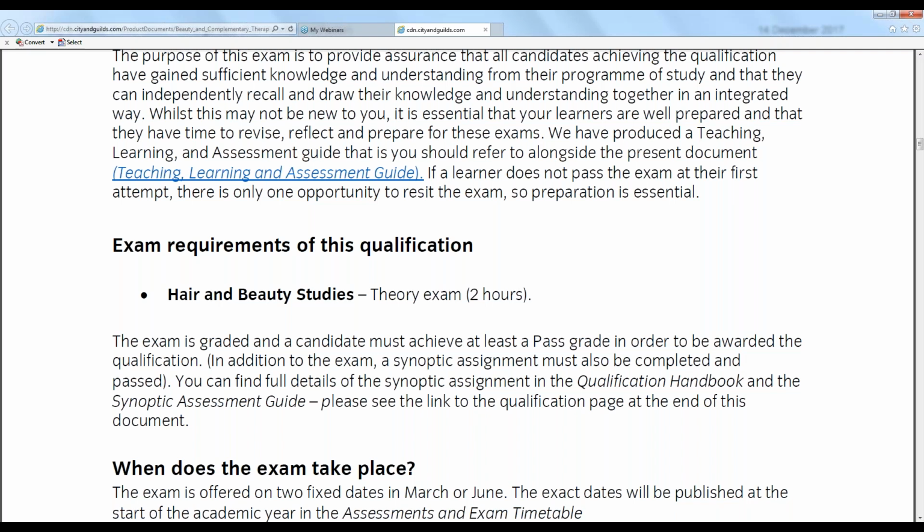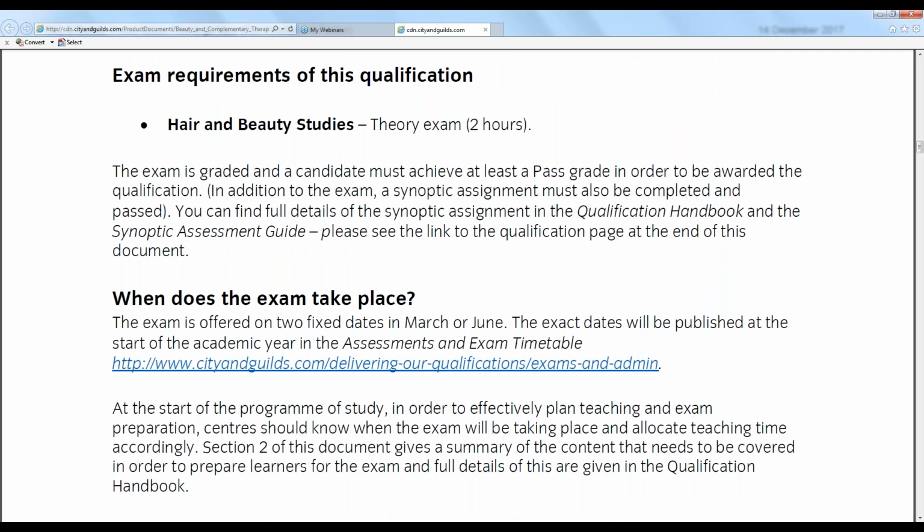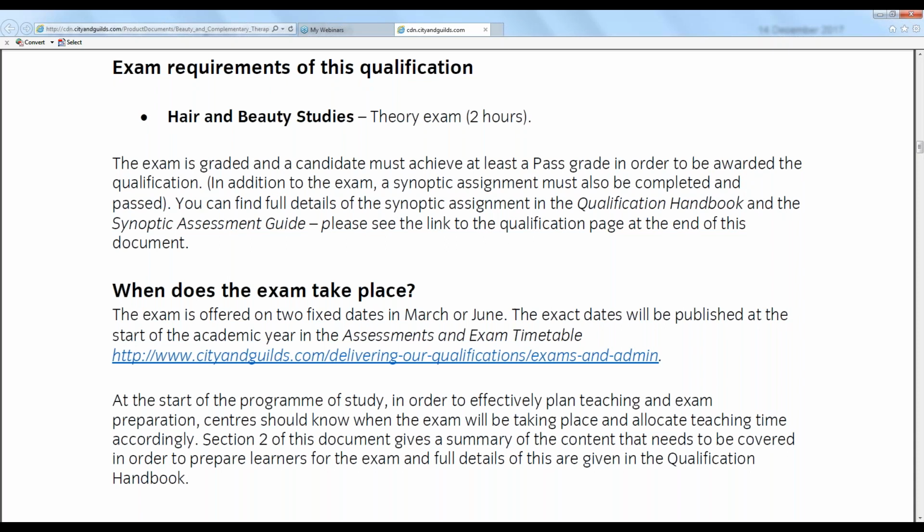For every technical, if it's Key Stage 4 or Key Stage 5, they will be slightly different durations. But for Key Stage 4, it's going to be 2 hours long. There's a link there to tell you exactly when the exam is going to take place. And obviously, we've published them for this academic year. We haven't published them yet for the following academic year.